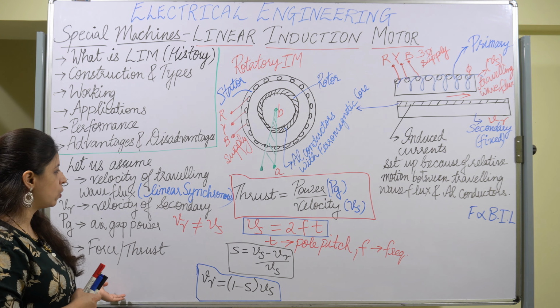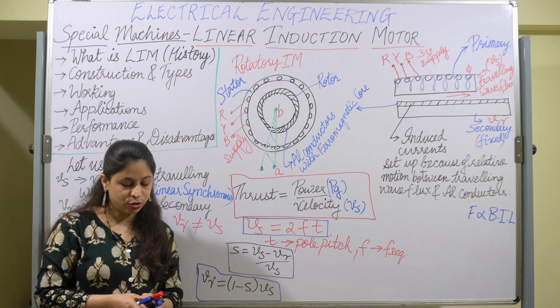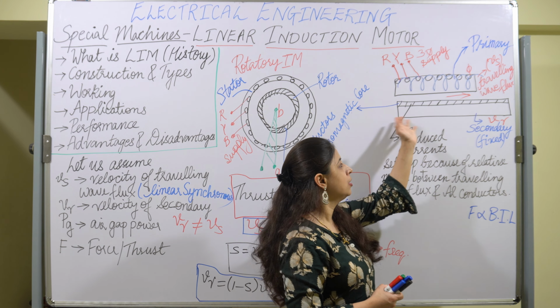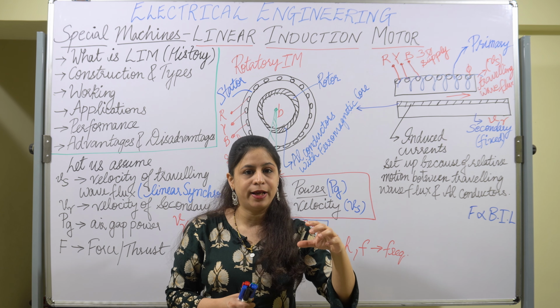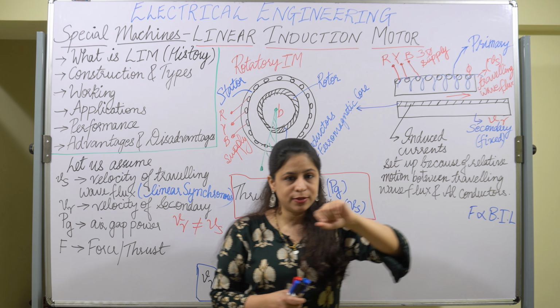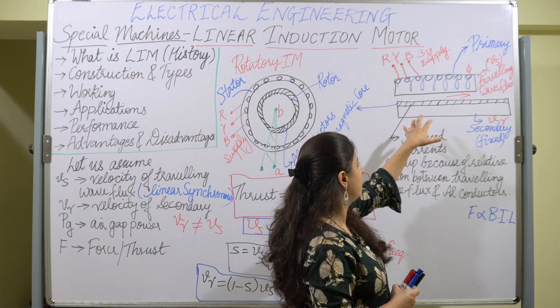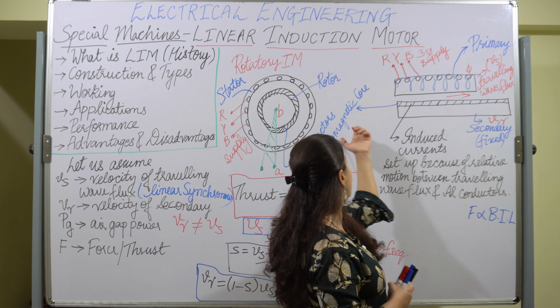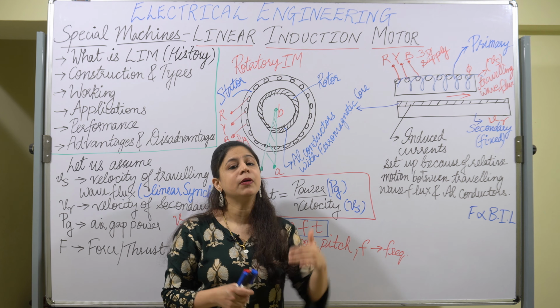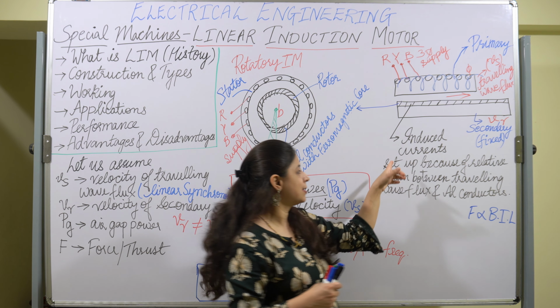Okay, so this was all about the working of the linear induction motor. The main concept is that as soon as the 3-phase supply is given, the traveling wave flux is set up. Then that traveling wave flux interacts with the aluminum conductors, so the induced currents are set up.